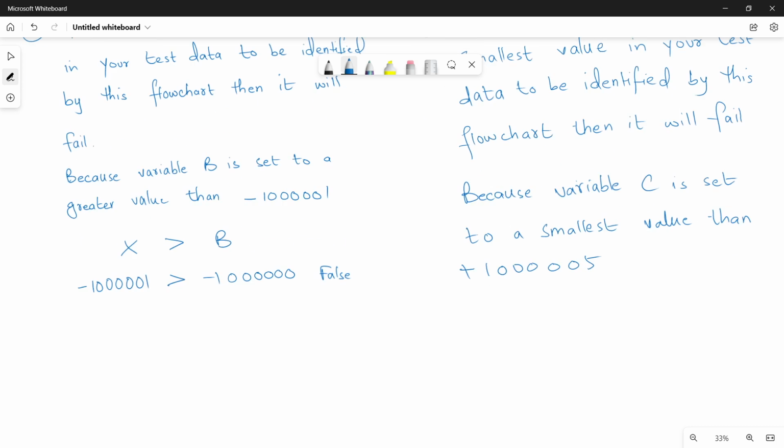Or I can write the condition x less than c, whereas 10000005 is not less than 10000000. We are working with variable c. So this condition is going to be false. That's why your smallest test data value will not be replaced, or placed, in variable c.